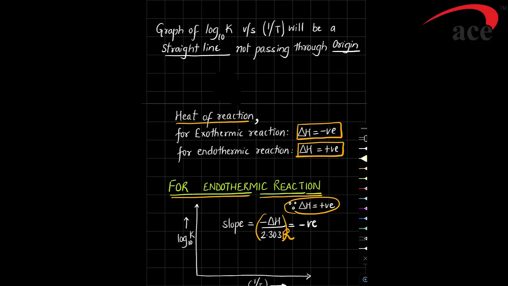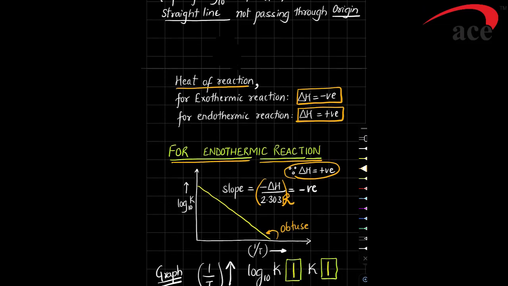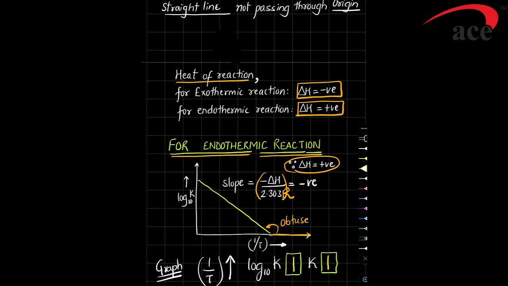The graph will be a straight line, not passing through origin and making an obtuse angle with the positive direction of x-axis, because the slope is negative. Lines with negative slope make an obtuse angle, and the y-intercept will be log B to the base 10.